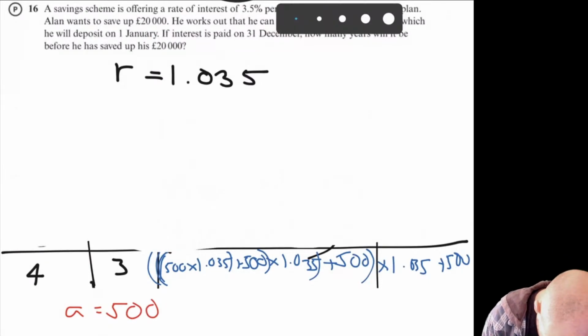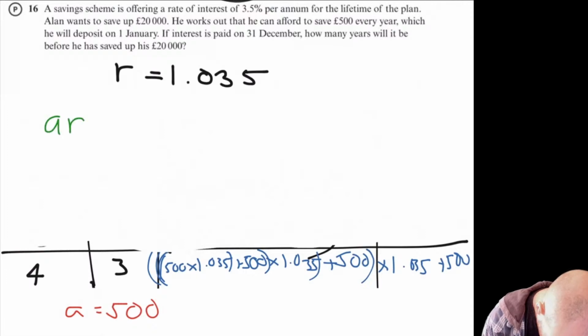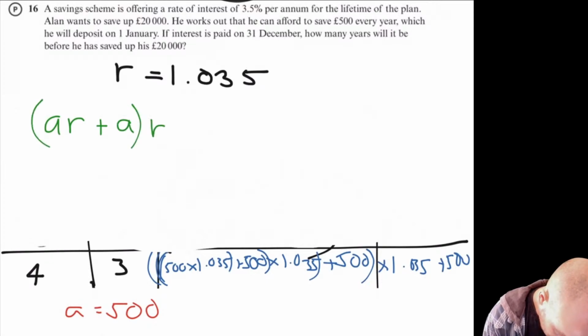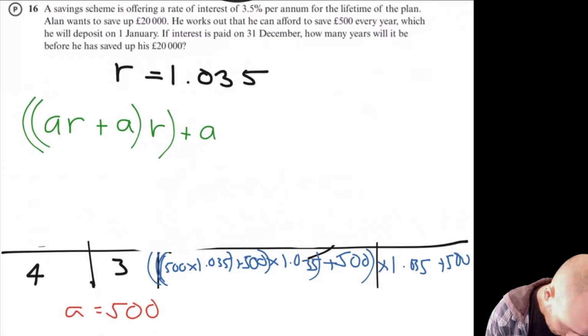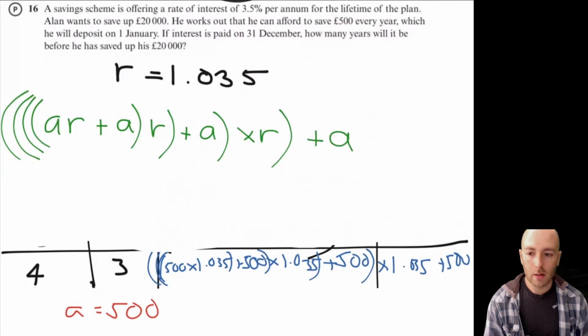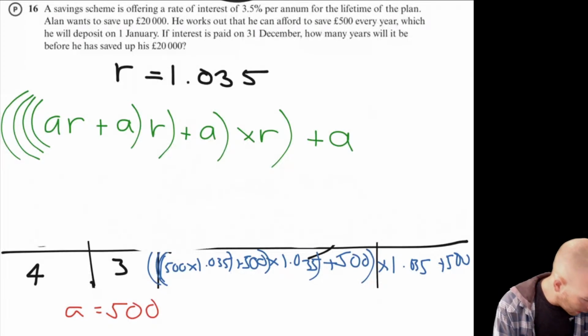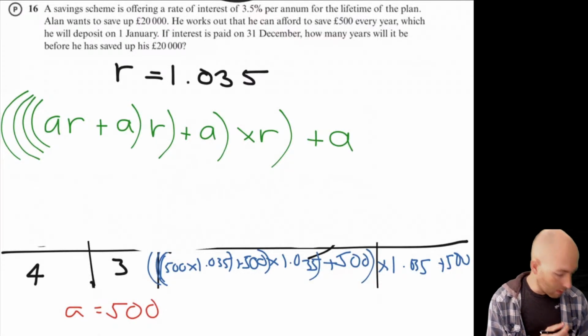So we've got AR plus A times by R plus A times R plus A. That's the same thing, just turning it into A's and R instead.